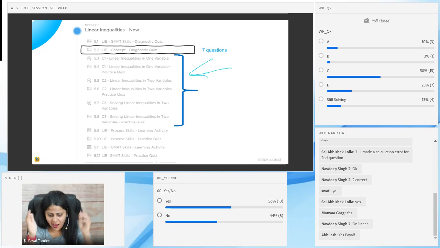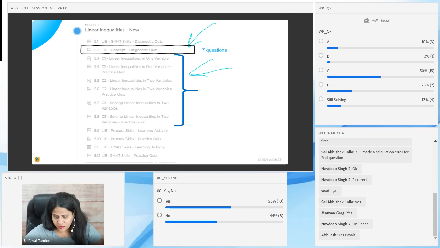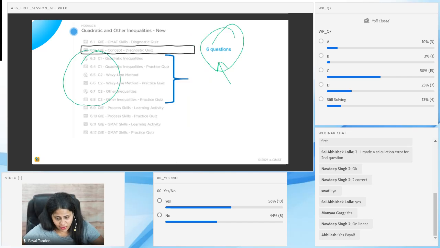Because your time is precious. The entire idea of the quant course is that you spend time only where you need to, so that you're not unnecessarily wasting your time, which is where, through this concept diagnostic quiz, you get to know which of the files you can confidently skip. So you get that kind of granular feedback.